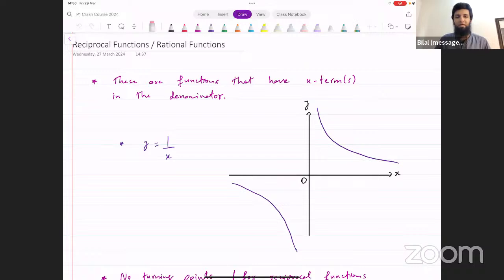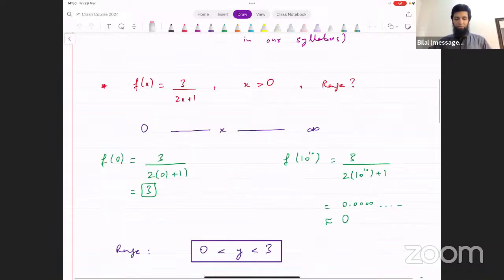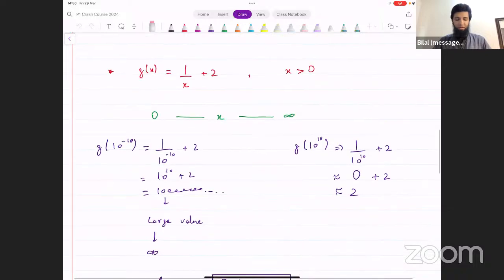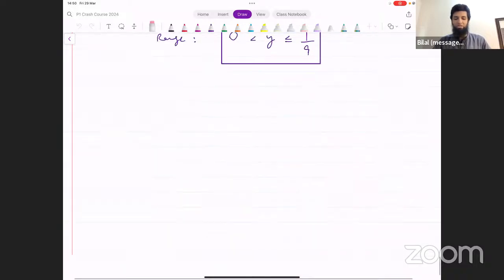For this, we said in your syllabus, you will only have those rational functions which do not have any turning points. In that case, all you have to do is just look at what happens at the extreme values of the domain. So if x greater than 0, we looked at what happens at 0, what happens at infinity, and there were a number of examples that we did for reciprocal functions as well.